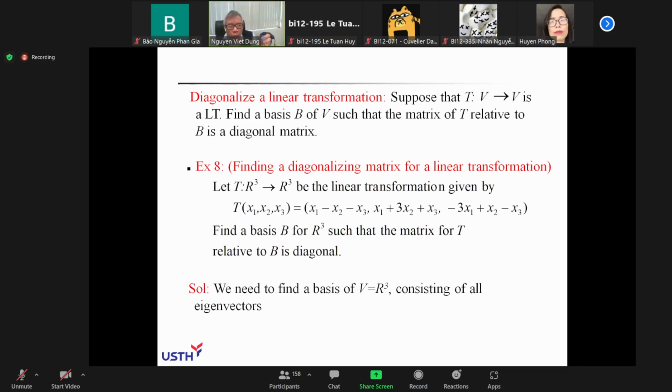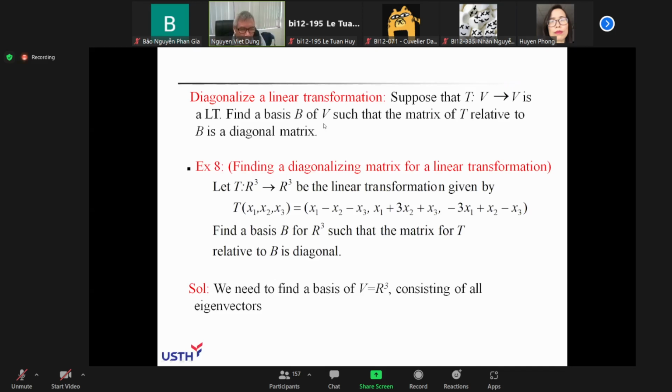Next, we consider the problem of diagonalizing a linear transformation. It is done as follows. Suppose that we have T from V to V, a linear transformation.